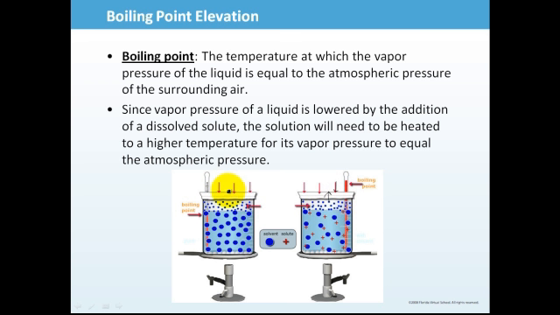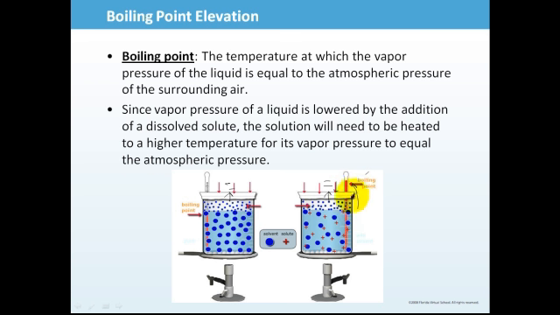Just like over here, we had a certain number of particles pushing up to make it equal with the atmospheric pressure. Well, over here we've got to do the same thing. The only way we can get to that point is to increase the temperature. You can see that the boiling point goes all the way up to here now.